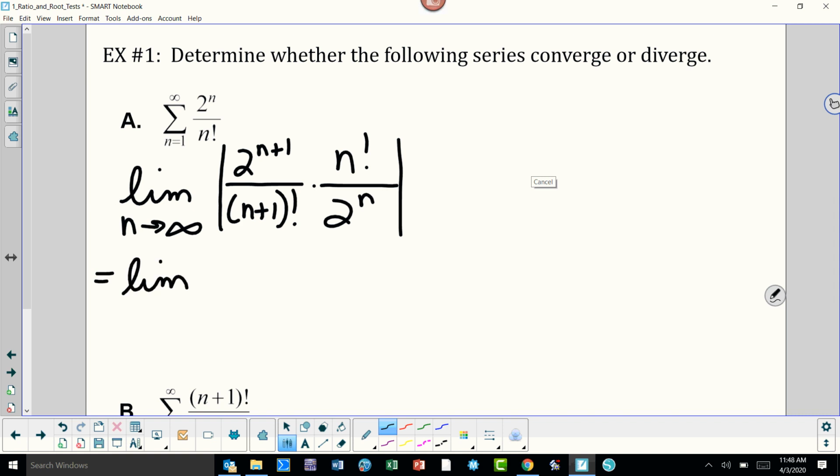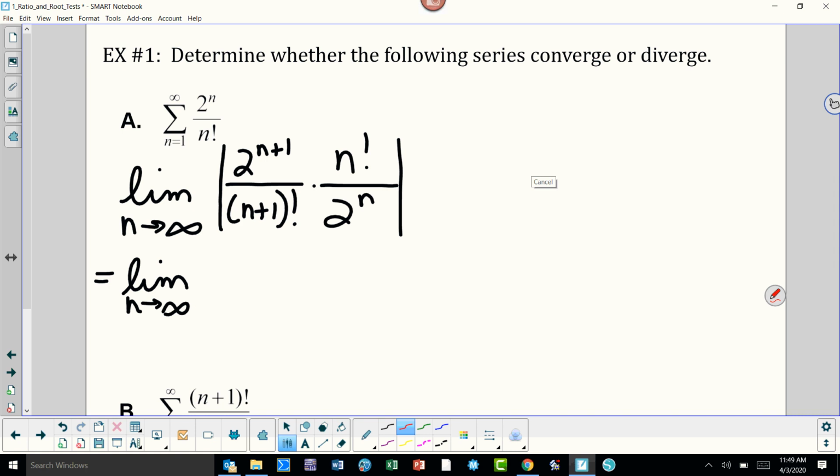First, before we can do the limit, we need to simplify what we have here, okay? So 2 to the n plus 1 over 2 to the n. Lots of things you can choose to think about here. You can subtract exponents because you're dividing. So n plus 1 minus n would give me a 1, so I'd have 2 to the first.